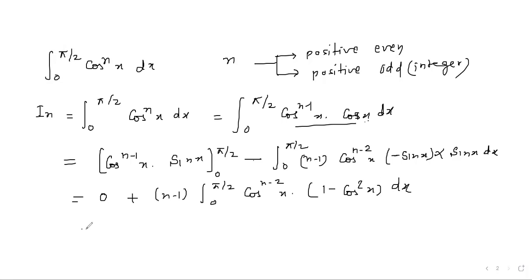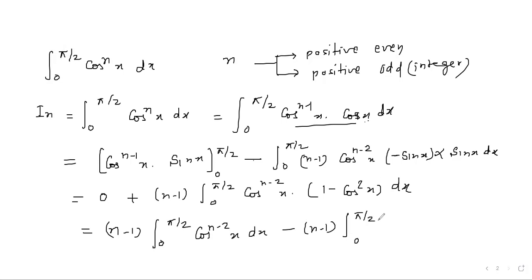So we further simplify it. This becomes n minus 1 times 0 to pi by 2 cos power n minus 2 x dx minus n minus 1 integration 0 to pi by 2 and cos power n minus 2 and cos square will make it cos power n x dx, which is I n itself.